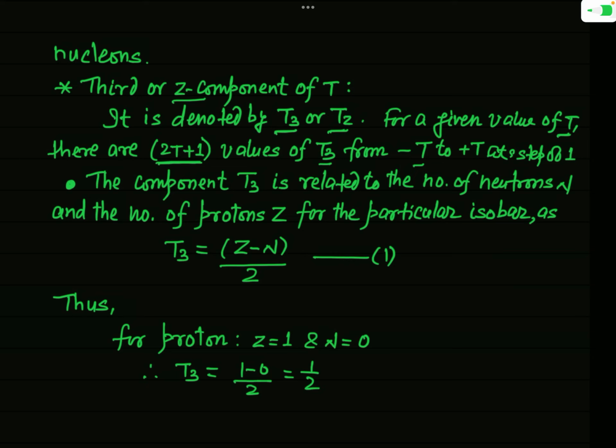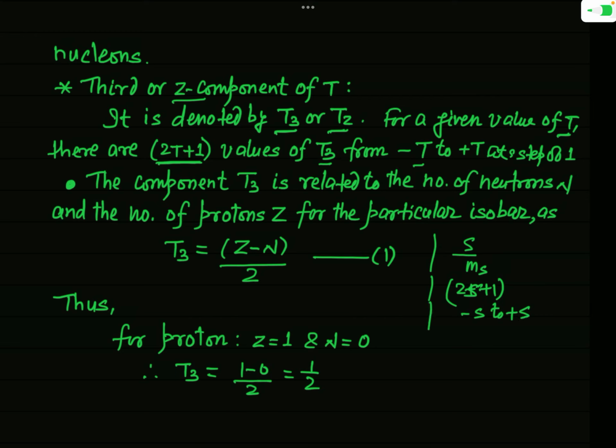You know that when you say that the spin quantum number of a particle is S, then corresponding to this S we define ms, the magnetic spin quantum number, and you simply say that for a given value of S, there are 2S plus 1 values of ms, and those values are from minus S to plus S at a step of 1.